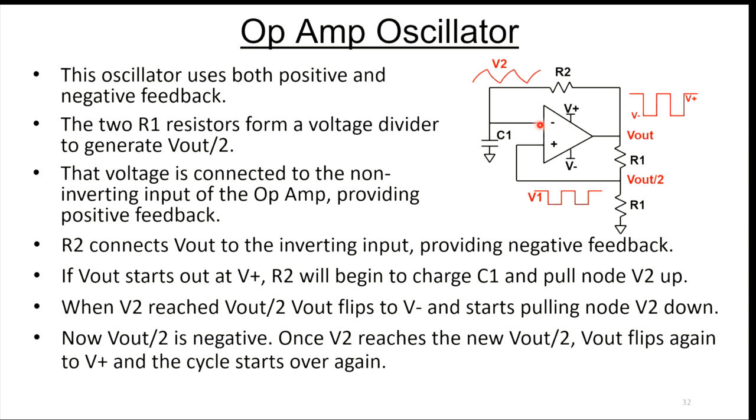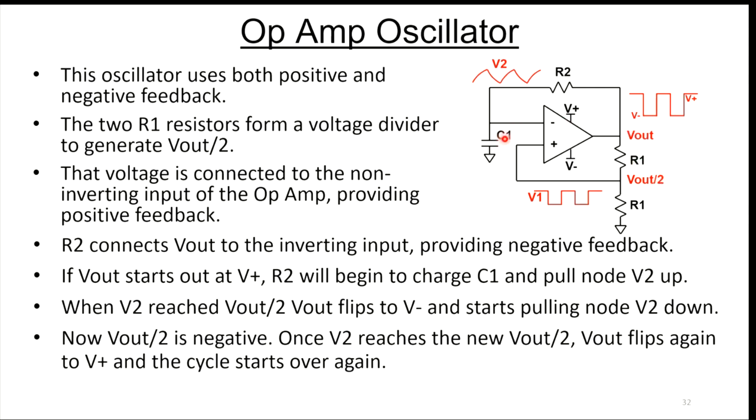Now the negative input has risen above the positive input, and Vout flips. Being all the way railed in one direction, say 5 volts, it rails all the way to minus 5 volts. Immediately Vout over 2 goes to minus 2.5 volts.